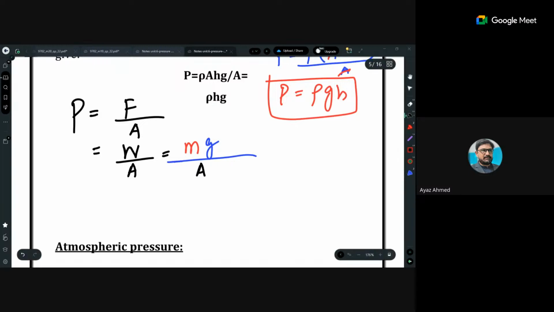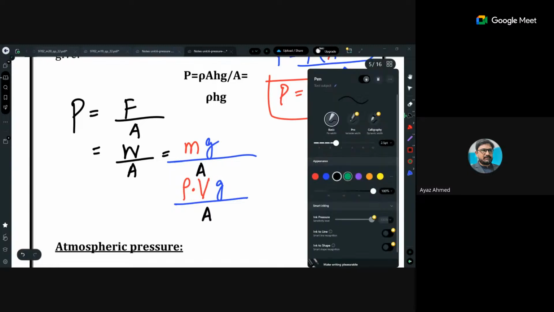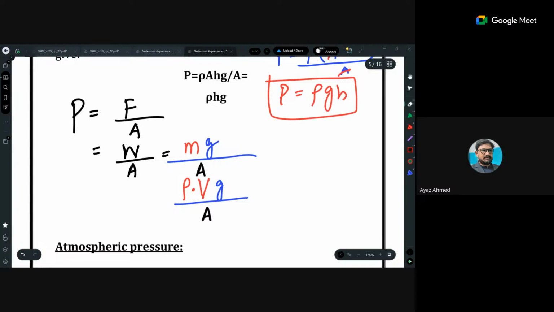Okay. And what is mass? Mass is density into volume. I use different colors for different notations. G divided by area. And let's say the volume, let me put it in green for you.